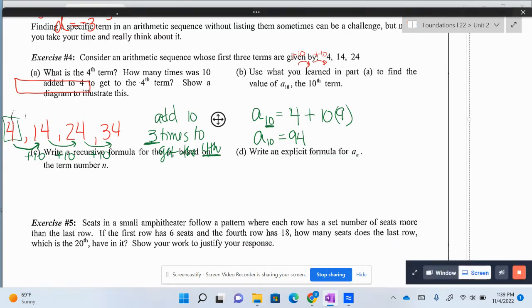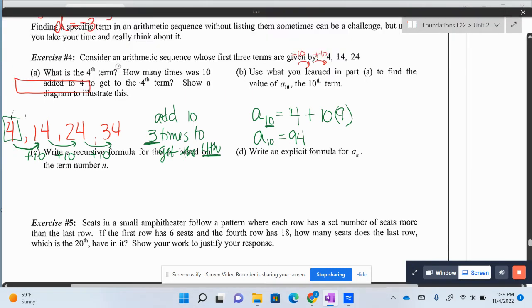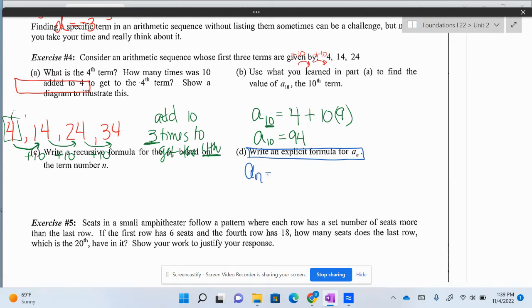Okay, so here we go. We're going to write the explicit formula. So here's how this works. Any term, any number of term depends on the first term plus the common difference multiplied by the n minus 1 term.